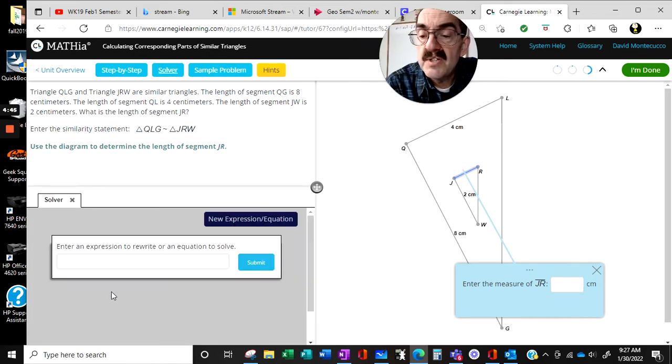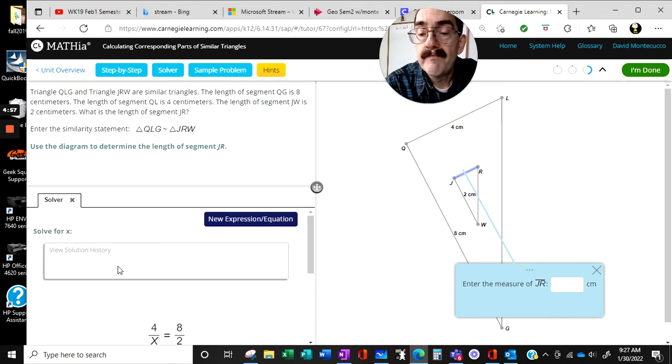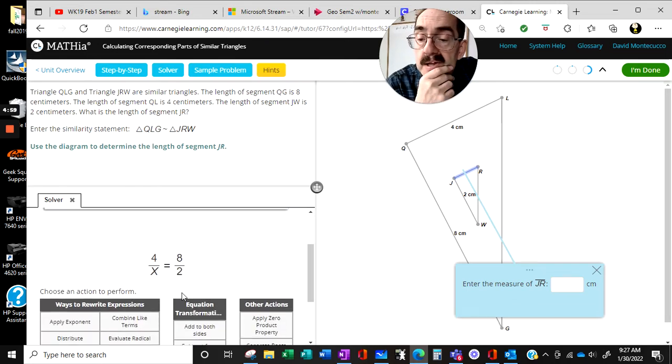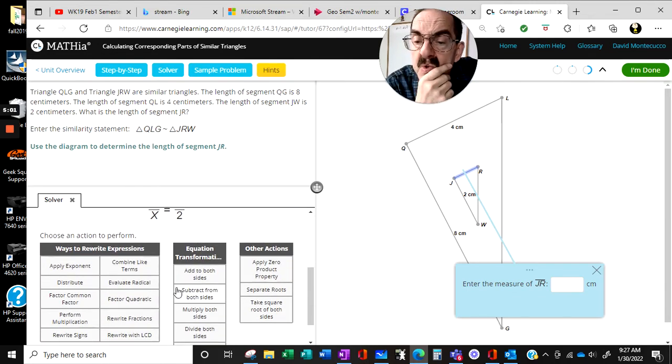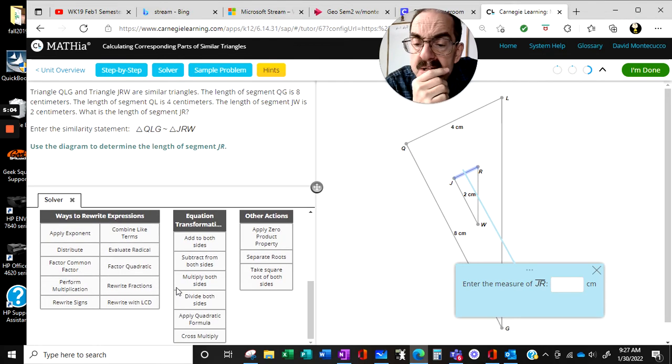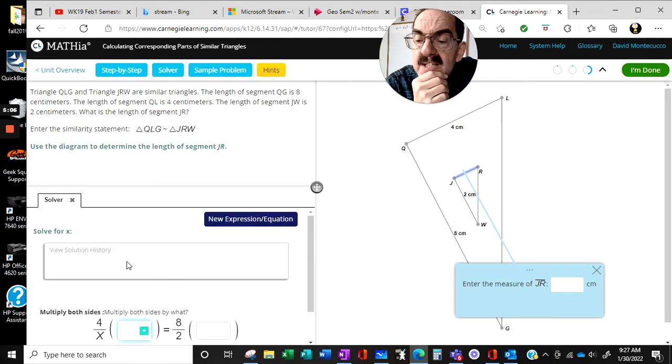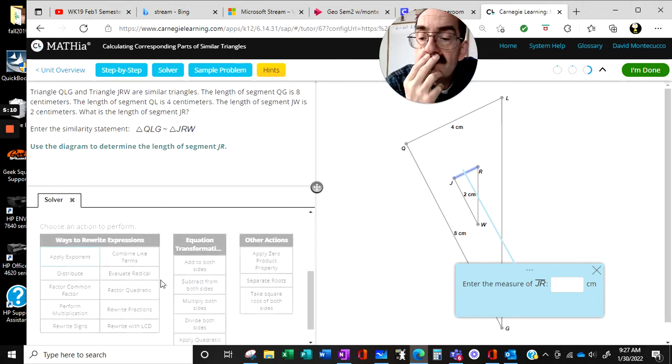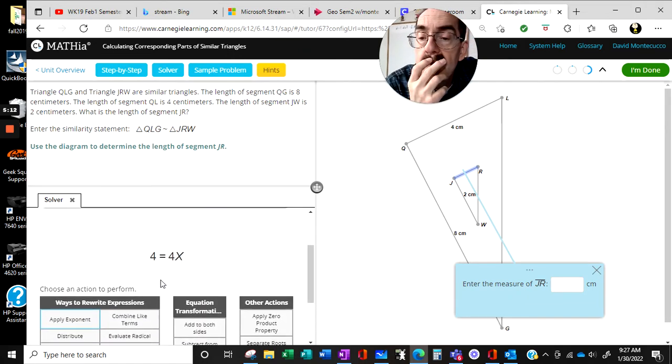So let's just click on solver and we go 8 goes to the 2 as 4 goes to x. Okay? Alright. So now we want to multiply both sides times x. Okay.